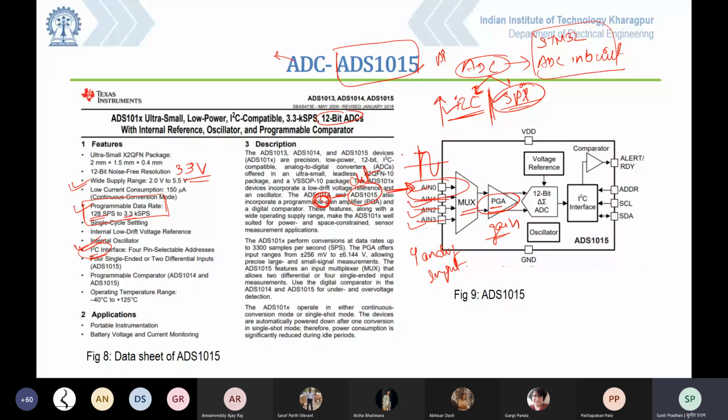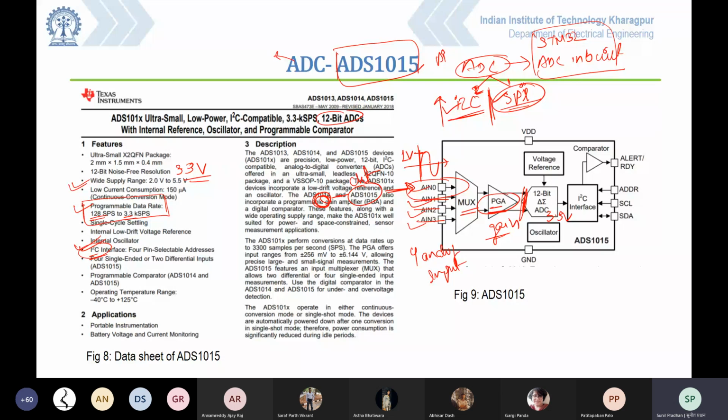Assume it has 1 volt. Now I have to amplify it. This is my ADC, and I know that my reference voltage is 3.3 volt. If I double it, I still don't have any problem. This gain amplifier I can program from my microcontroller, and assume I have programmed it to double the analog signal.